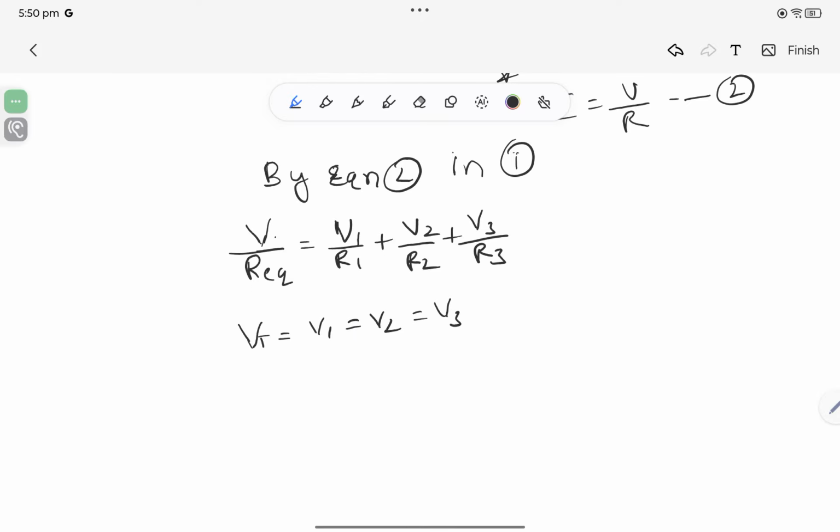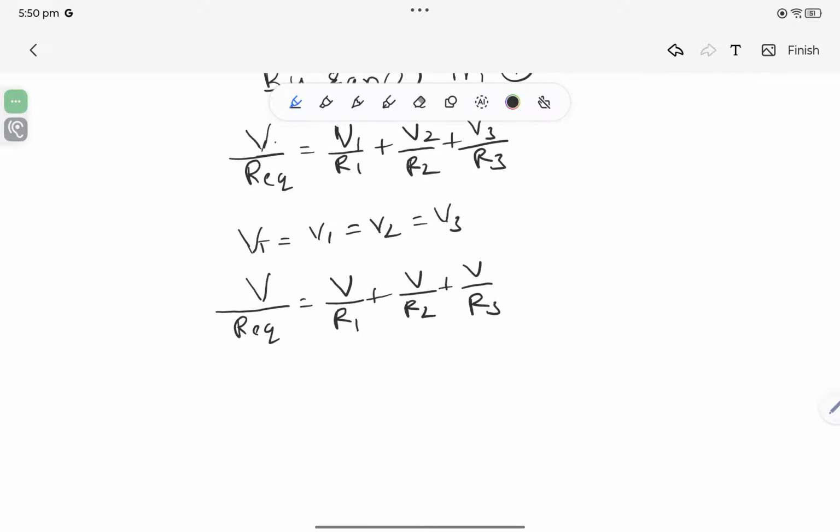So from this, V divided by R equivalent is equal to V by R1 plus V by R2 plus V by R3. Now take out V common here.